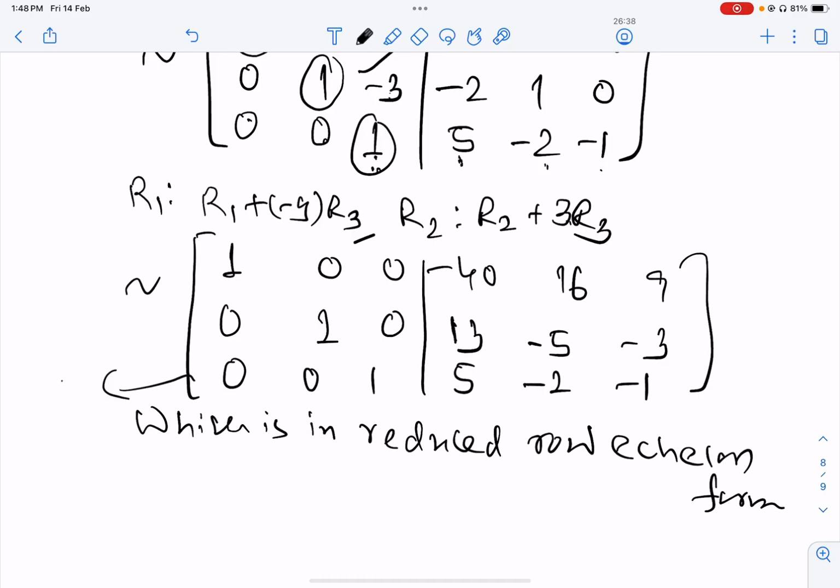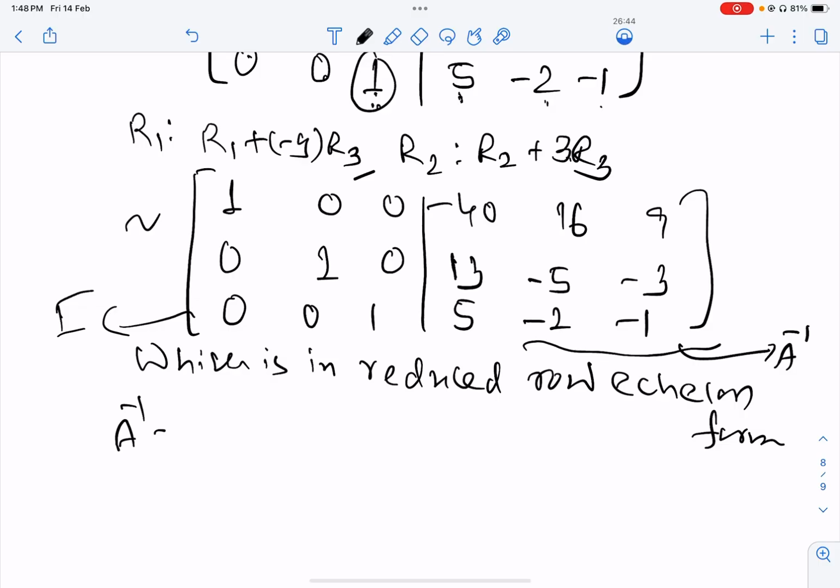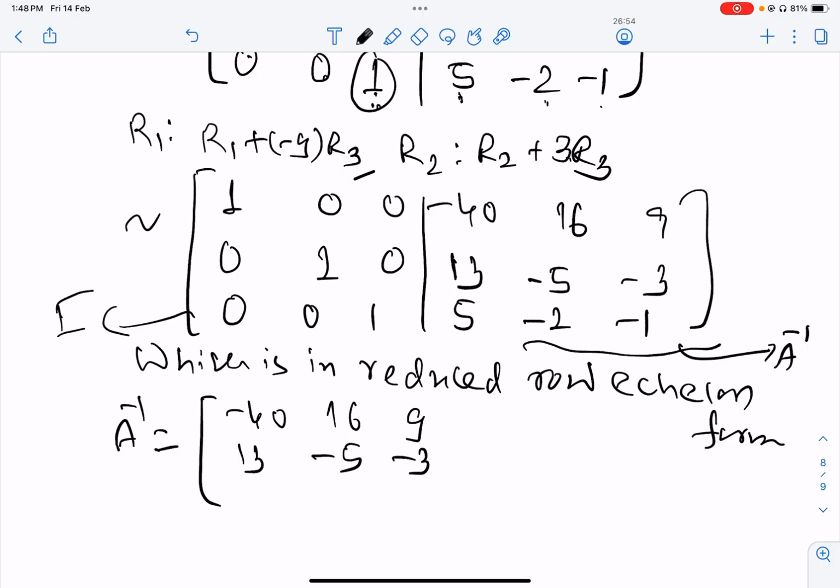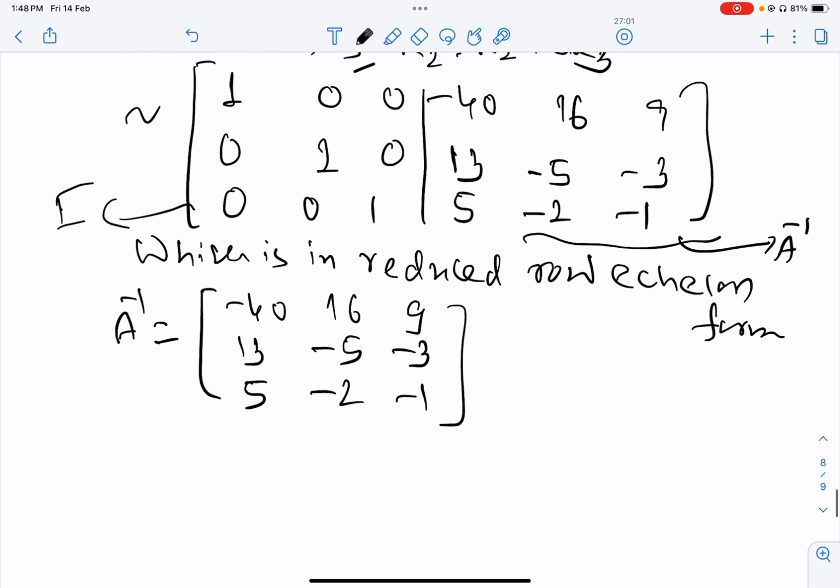So this is identity matrix, and so this is A inverse. Okay, so A inverse is equal to minus 40, then 16, then 9, then 13, minus 5, minus 3, 5, minus 2, minus 1. Now what is the solution?